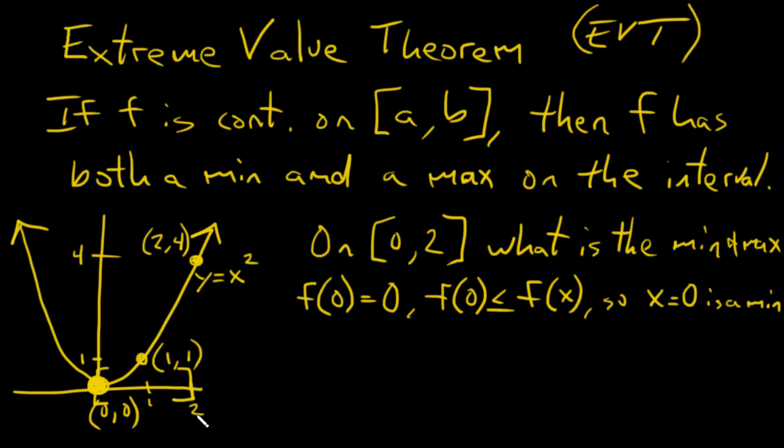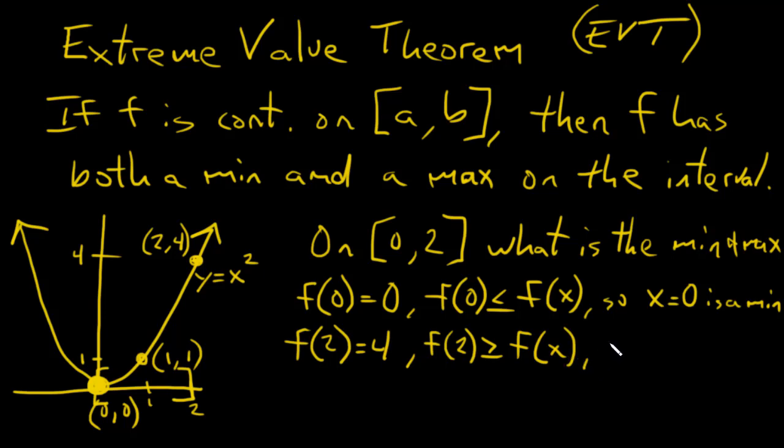And if I look at the function from 0 to 2, which one has the highest value? Well, that occurs when x is 2, where we get a y value of 4. So f of 2 equals 4, which is greater than or equal to all values on that interval. So we say that x equals 2 is a max. It's a maximum.